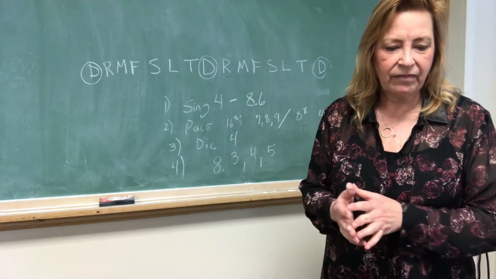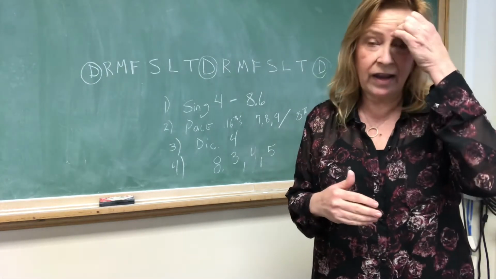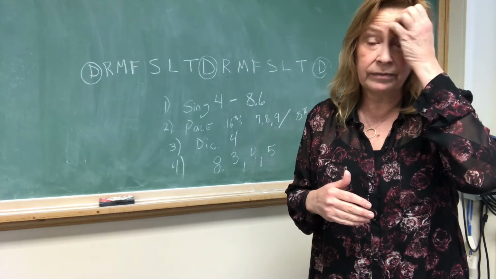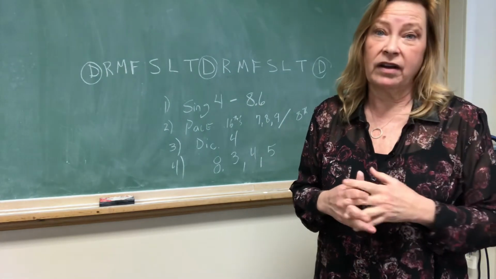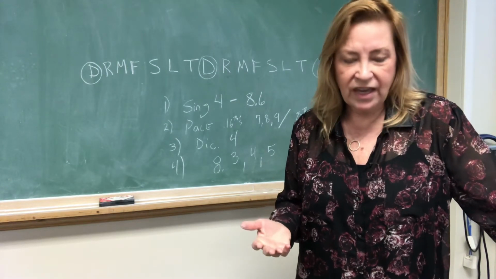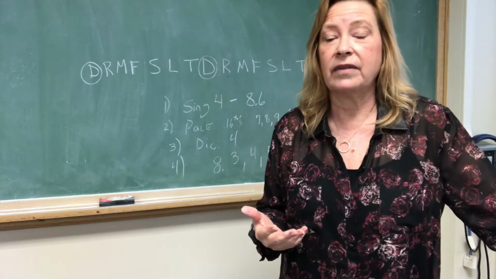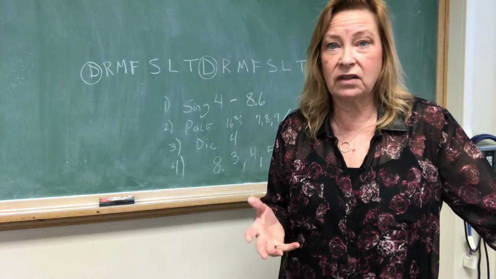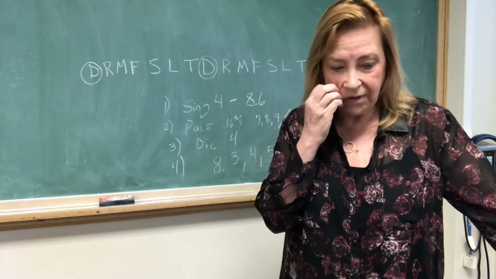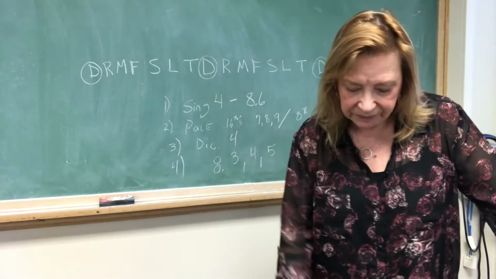And the 2 chords that are going to be introduced in chapter 8 are the subdominant and the supertonic. So we know that in a major key, the subdominant is going to be major, just like the tonic and the dominant. And the supertonic will be minor.